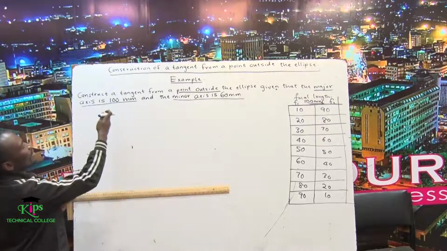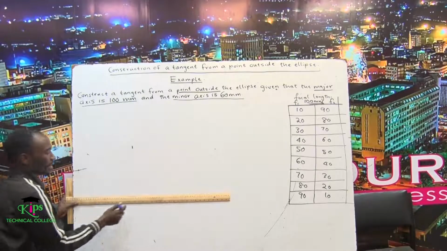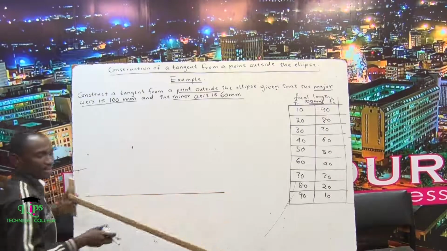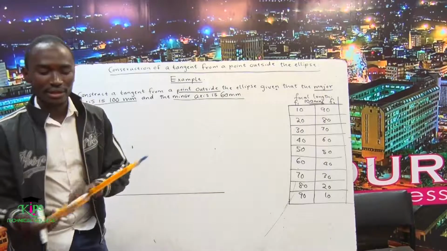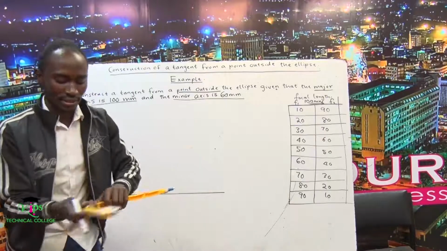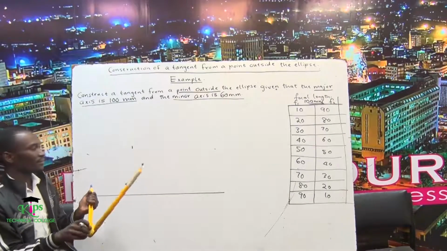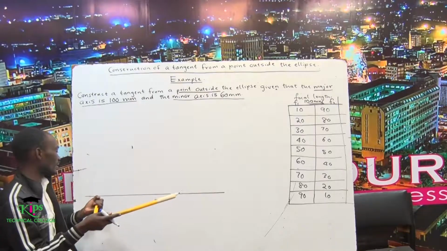You have been told the major axis is 100 millimeters. So you will draw a starting line like that, then measure 100 millimeters from your ruler, which is 10 centimeters.